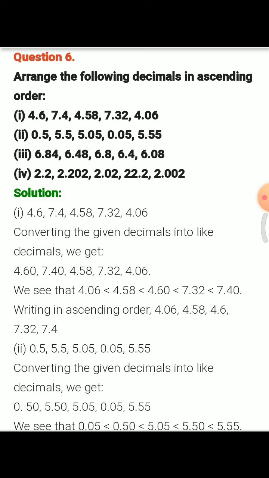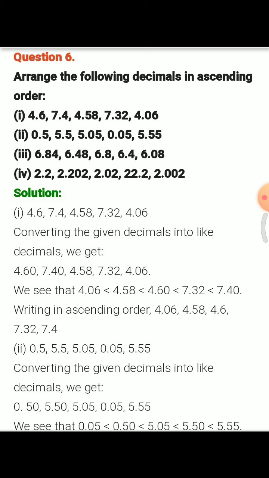So 4.06 is less than 4.58, is less than 4.60, is less than 7.32, is less than 7.40. Writing in ascending order, this is your answer: 4.06, 4.58, 4.60, 7.32, 7.40. Okay, it's your answer.